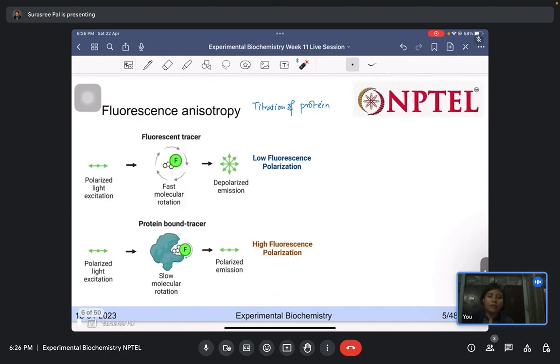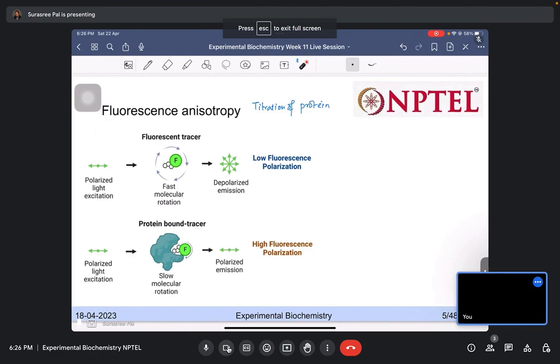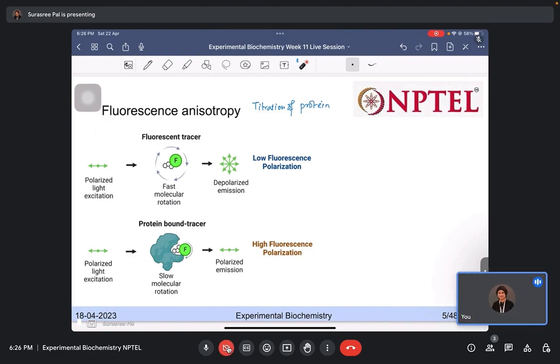Now we will discuss one by one the experiments which we can use for determining the Kd of a protein and ligand binding. The first experiment is fluorescence anisotropy.